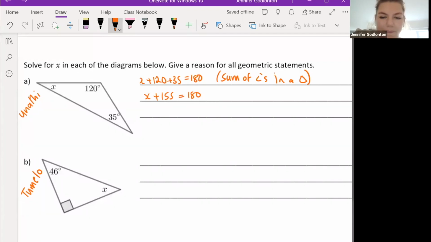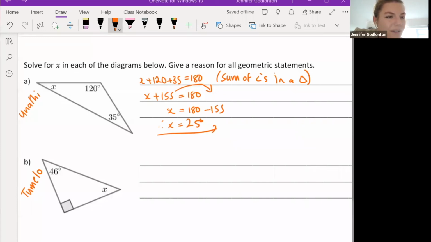Then you're going to take the 155 over, so it's going to be x equals 180 minus 155. So that's going to give you 25. Yes, nice. Well done. Good work, Unati. Unati won. Exactly. Unati won.